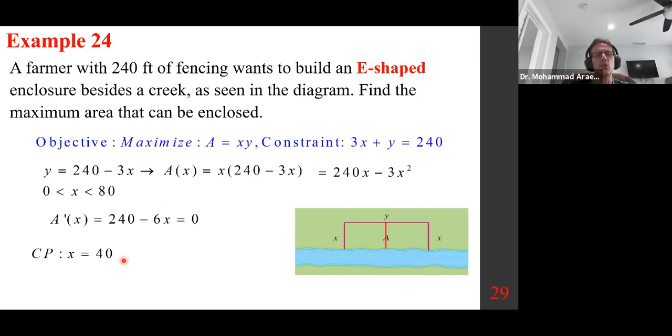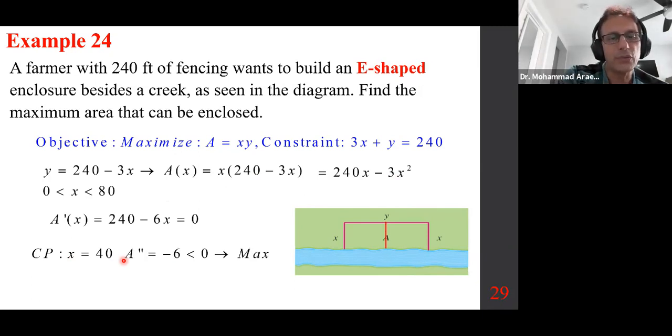How? Well, let's find A double prime. We have to evaluate the A double prime at this point. However, it is a constant, so you don't need to. If it were, let's say, minus 6X, you would plug in 40. Negative means concave down.